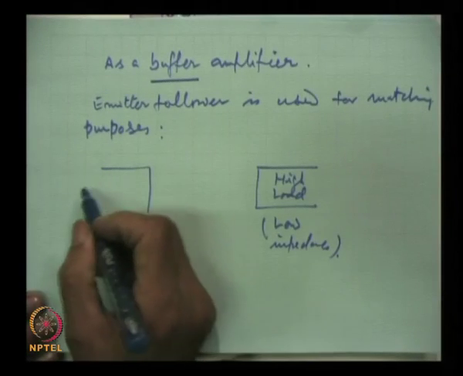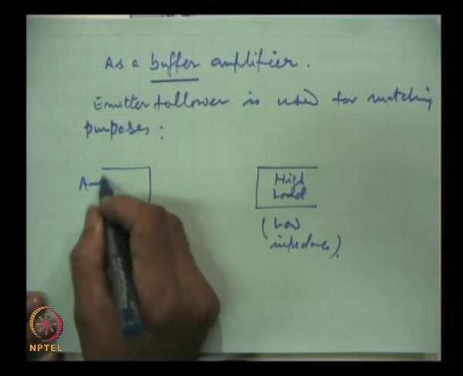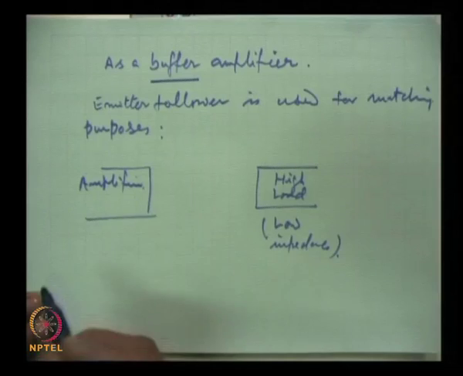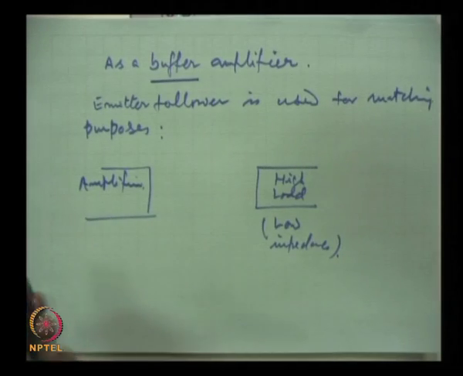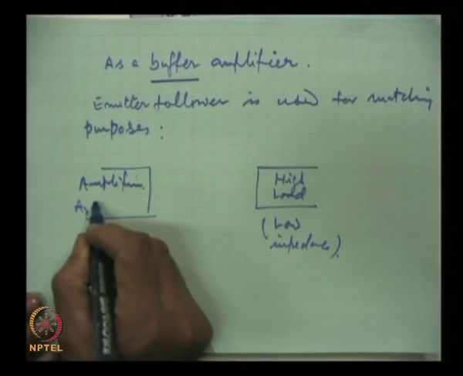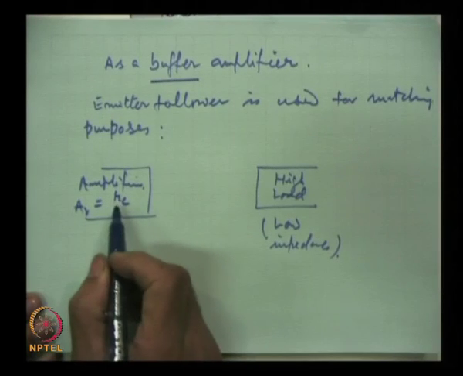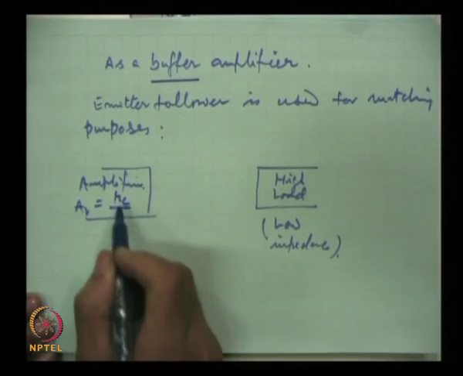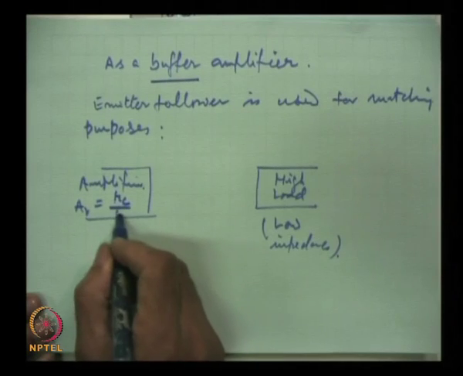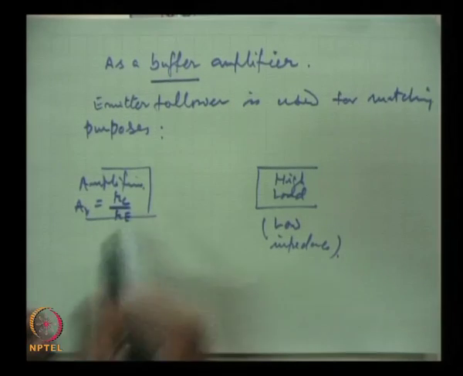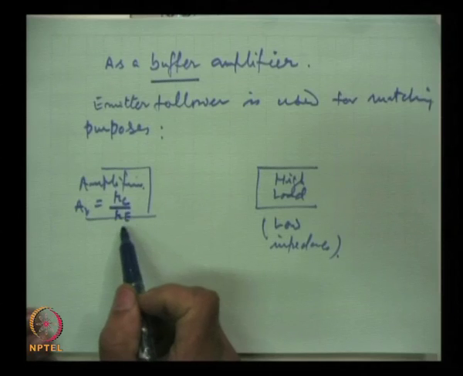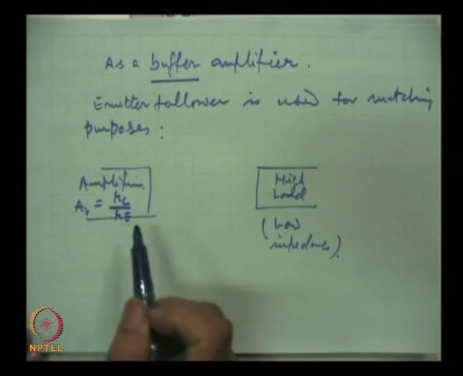And this is the normal amplifier, a voltage amplifier, for example CE stage, and the voltage gain for this is RC over RE, RC is the effective value of the collector impedance, impedance seen by the collector, and this is the effective value of the resistance with the emitter.